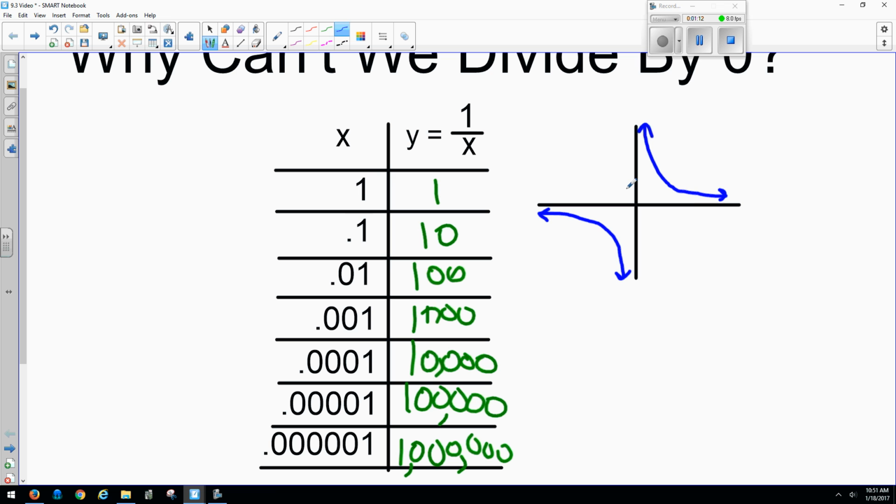We're not going to get too much into the names of this graph, but we are going to be examining the nature of the graph and how to actually graph this function without using a calculator. And so we can see that when x is 0, the y value right here is approaching infinity, and over here it's approaching negative infinity.